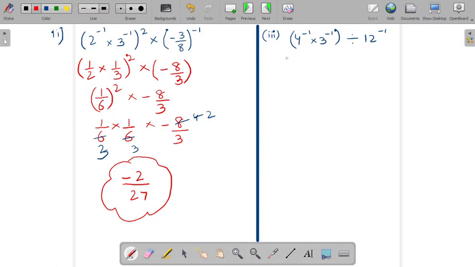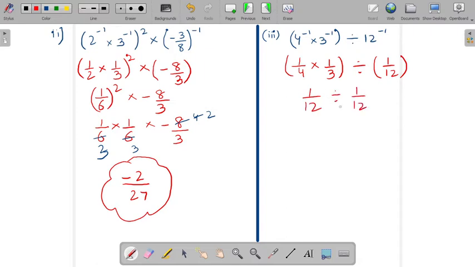In the third part, change the base into reciprocal form and then we will proceed further. How will you write 12 power minus 1? We will write it as 1 by 12. Now, solve this bracket. So it will become 1 by 12 divide 1 by 12.